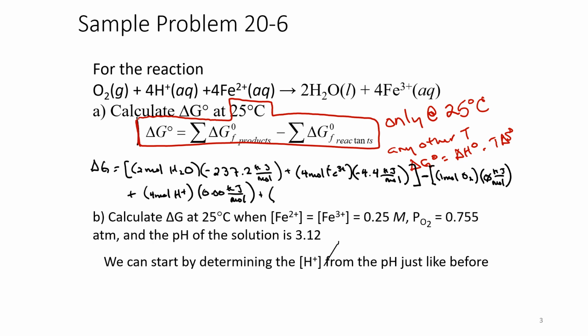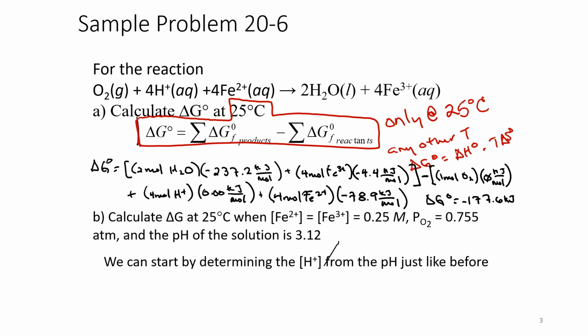Plus 4 moles of our iron 2+, which happens to be negative 78.9 kilojoules per mole. So our delta G for this, as we calculate it through, is negative 177.6 kilojoules.